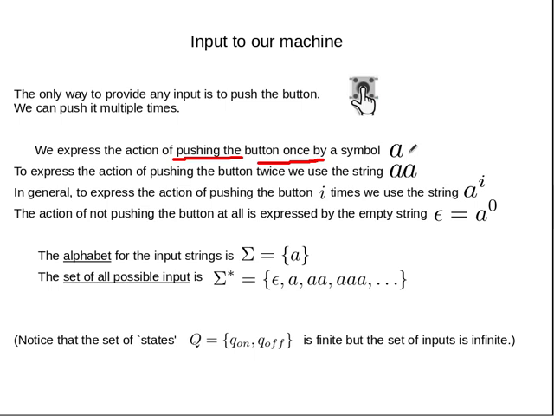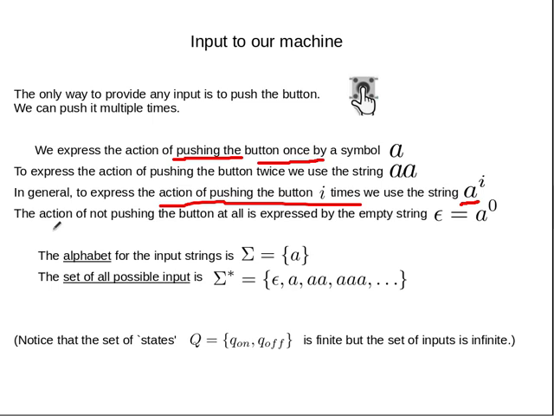Now we can push it as many times as we like. So pushing it twice will be encoded by the string AA. In general, the action of pushing the button i times will be denoted by the string A concatenated i many times, A to the i, right? And not pushing the button at all, that is also an action, right?